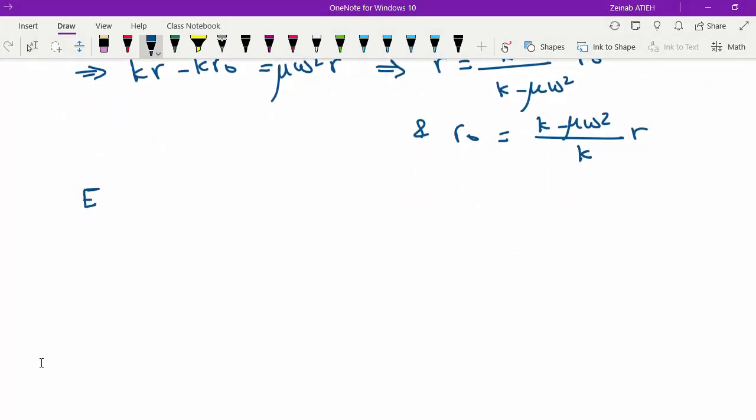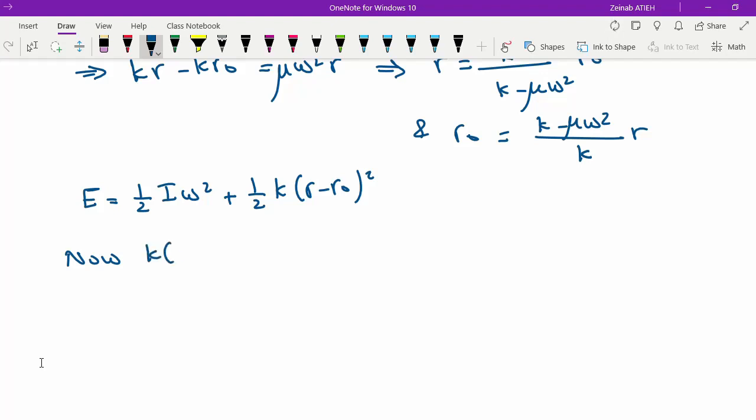So the energy is now equal to half I omega squared, which is pure rotation, plus, similar to elastic energy, half kx squared, or the elongation, half k(r minus r0) squared.